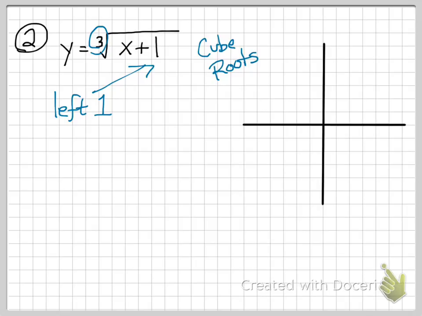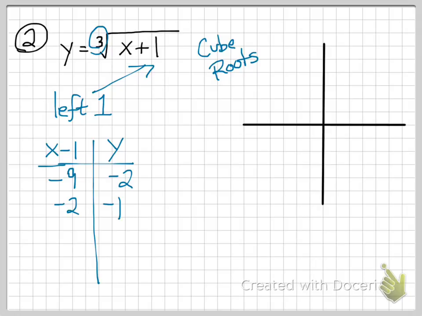If we wanted to, we could do a table. The y values stay the same, and with the x values we would subtract 1. My table would be (-9, -2), (-2, -1), (-1, 0), (0, 1), and (7, 2). So we went left 1.